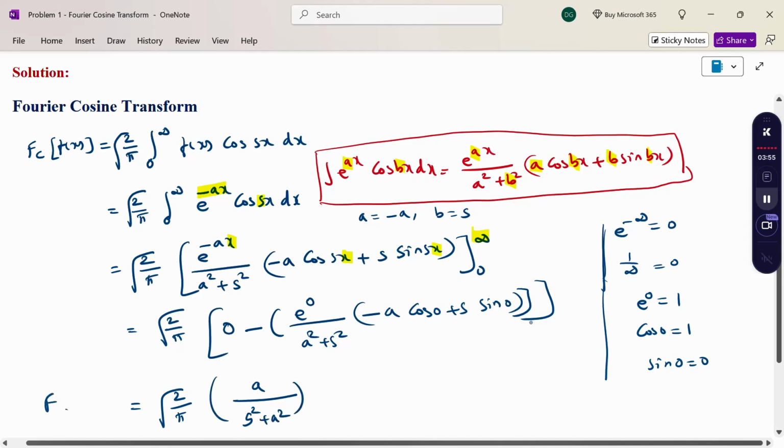This is the Fourier cosine transform value. Since the question asks only for the Fourier cosine transform, this is the answer.